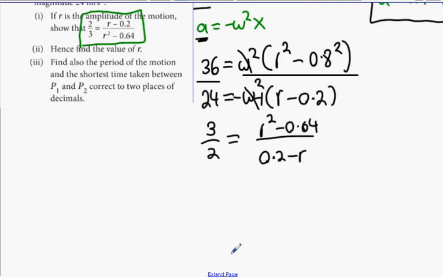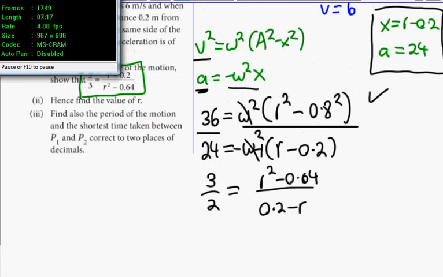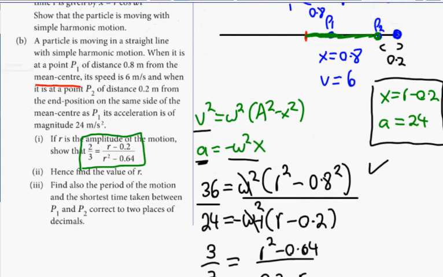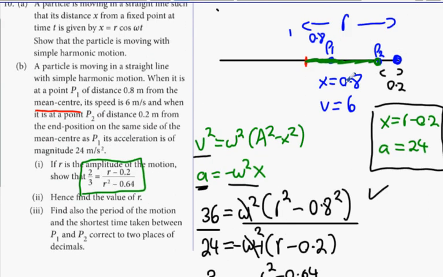Did I make a minus 1 mistake? Initially I took x as 0.8, a positive 0.8, correct? And therefore this displacement here, whatever its value, is also a positive displacement, because if you read the language of the question, it says the same side of the mean center.